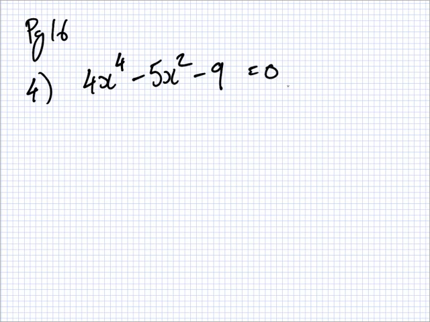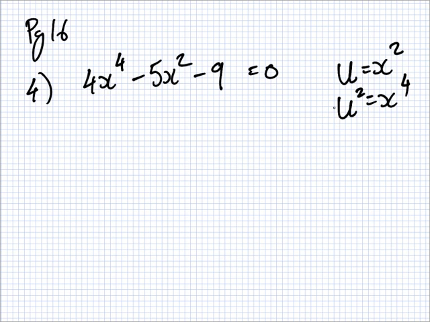Okay. So you have 4x4 minus 5x squared minus 9, and I want you to solve that. And my hint is u equals x squared. So that means u squared equals x4.